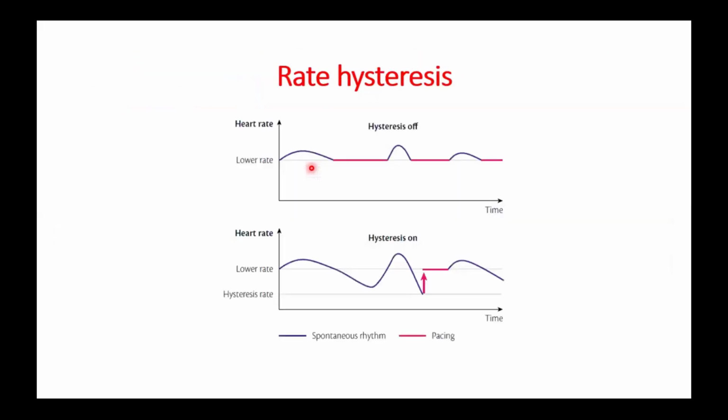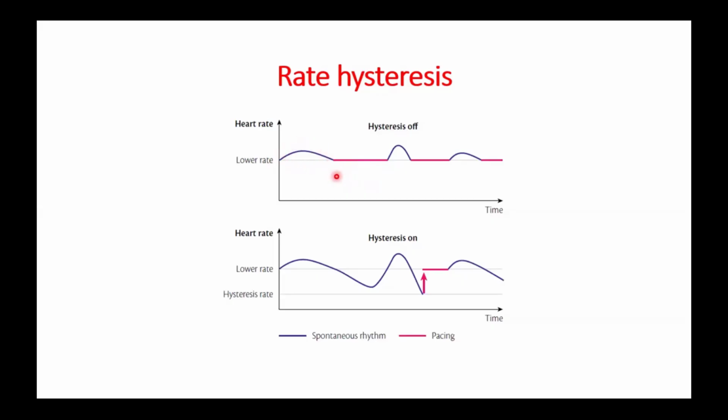This is what we call hysteresis. As you can see in this diagram, when hysteresis is off, once the rate reaches the lower rate interval, we become paced. The blue line is the intrinsic rhythm and the red line resembles the pacing rhythm.